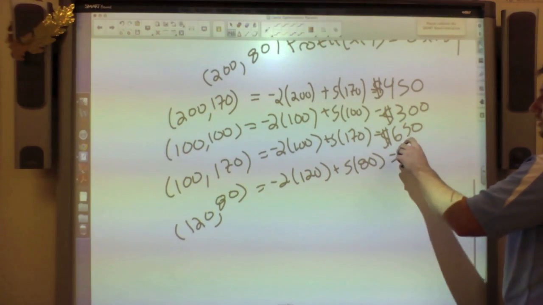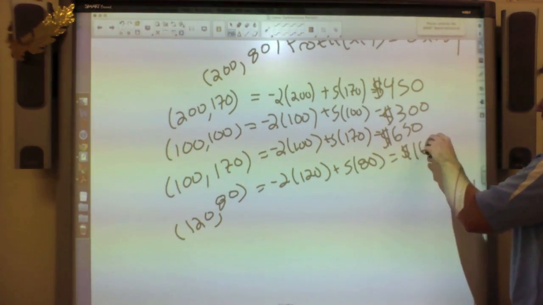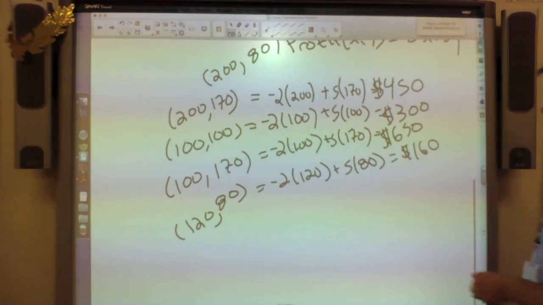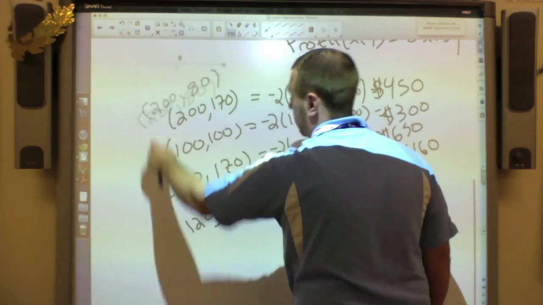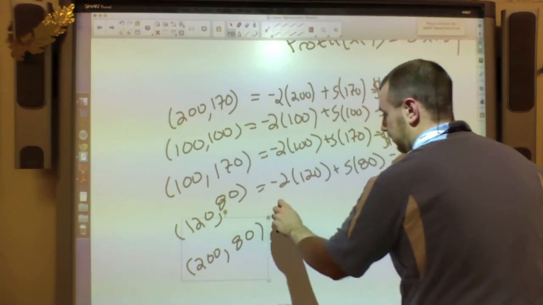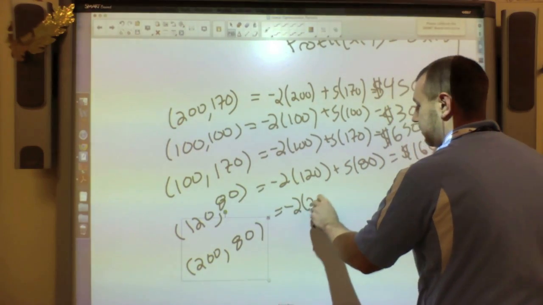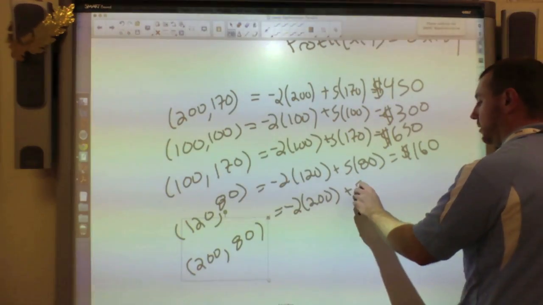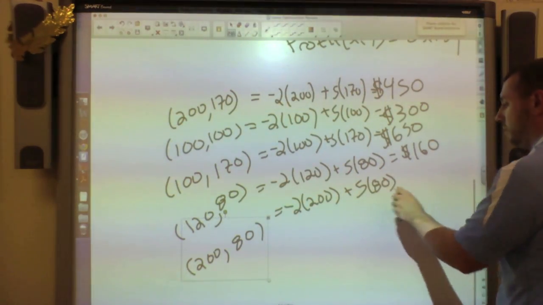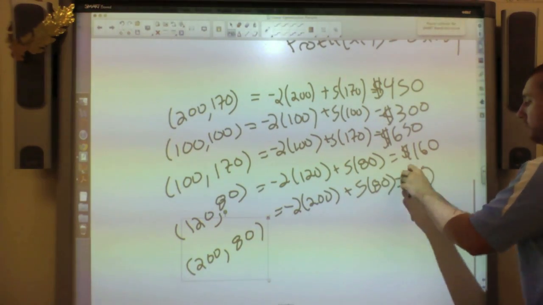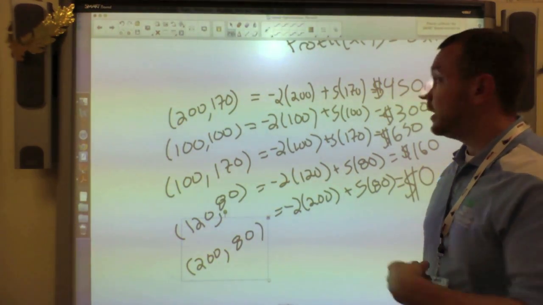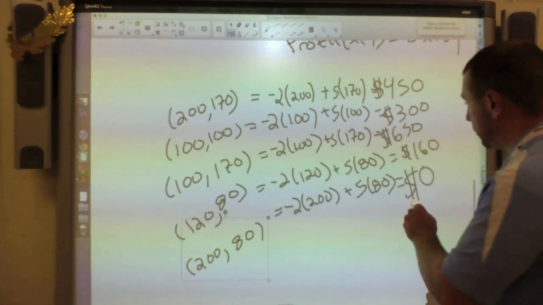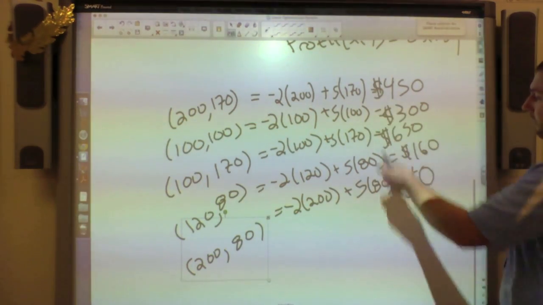Negative 240, 400, that's going to be a $160 profit. That's going to end up being 0. So now I've substituted it in, and this is all my profits.